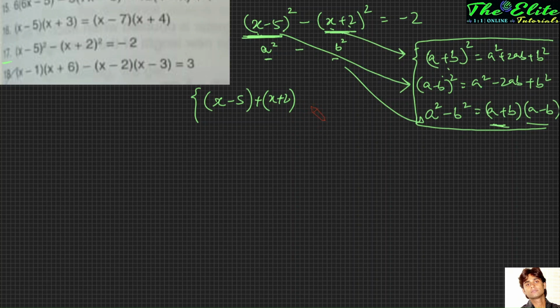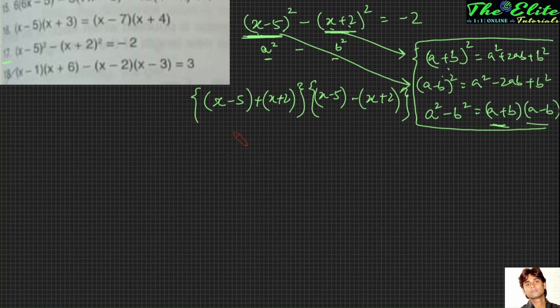So now this is a plus b. Likewise, you have to use a minus b, so x minus 5 minus of x plus 2. And we can use this sign to cover.